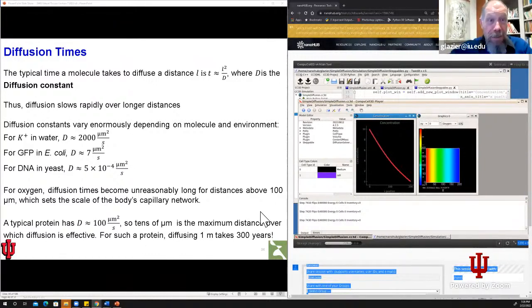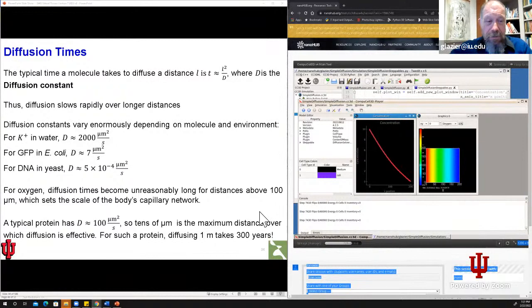So how long does it take? It takes 1,000 seconds. Yeah. So for oxygen to go 1 millimeter takes 1,000 seconds. That's pretty slow. So if I take a blood vessel out of your body, it takes 1,000 seconds for the tissue a millimeter away to know that it's changed.